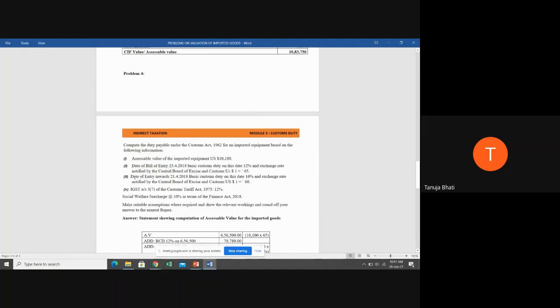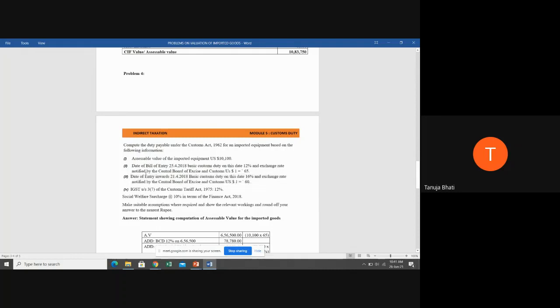Now, date of entry inward happened on 21st April 2018. The basic custom duty on this date was 16%, and the exchange rate notified by the Central Board of Excise and Customs was $1 is 60 rupees.